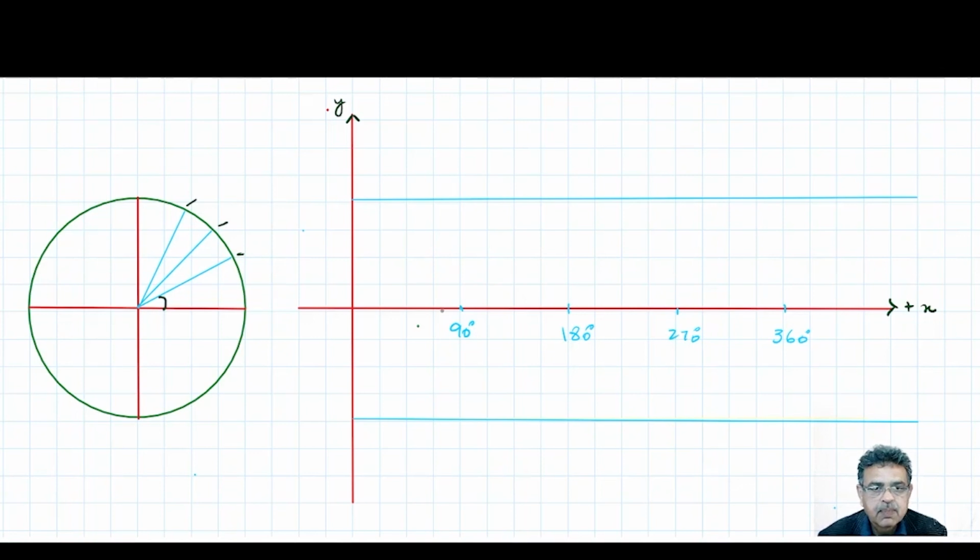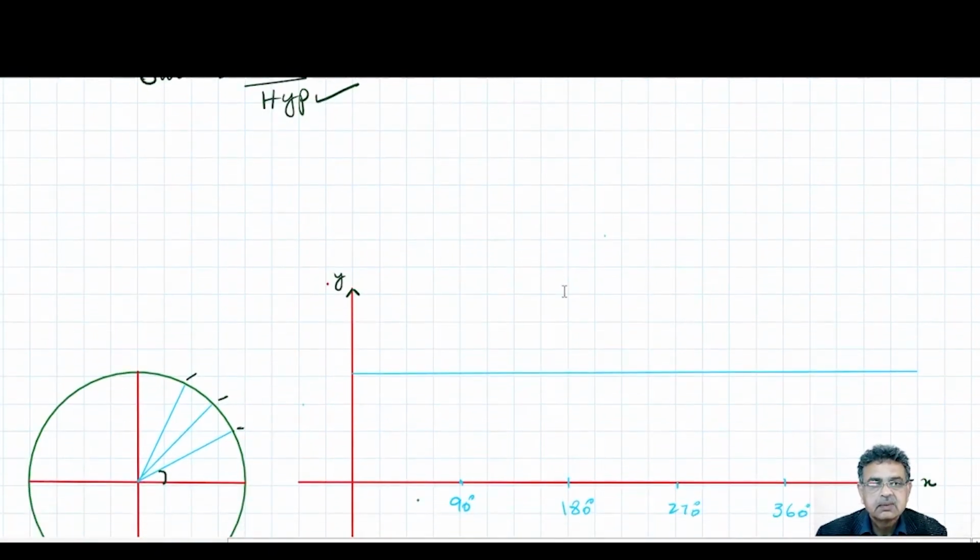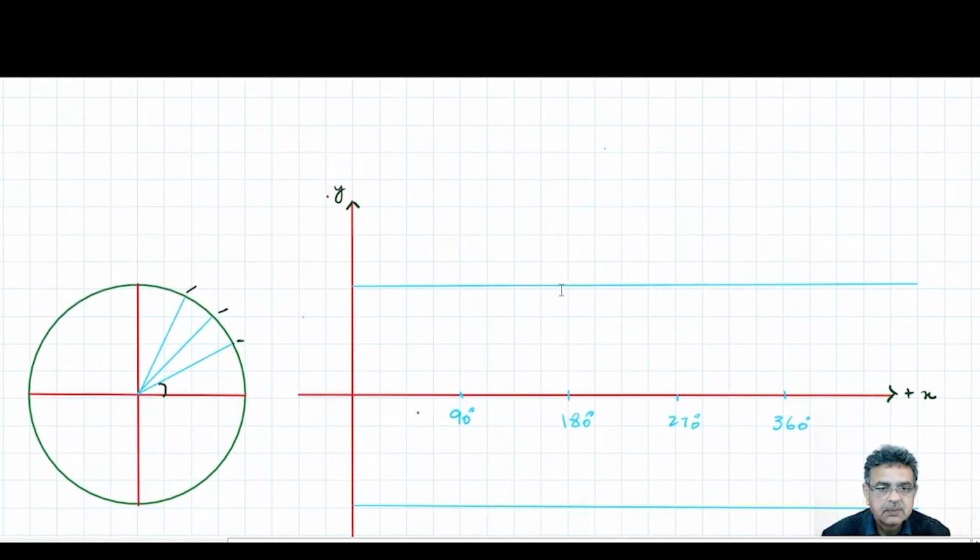Just keep in mind. Okay, now at this point, if we focus on these two things, opposite and hypotenuse, then hypotenuse is constant throughout. Then that means this is the value which is changing. If I draw this line in a little better way, then this is opposite.